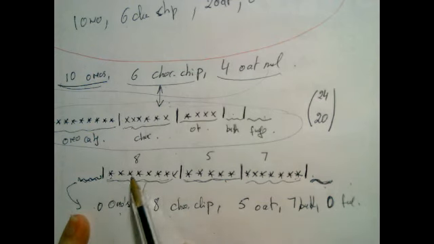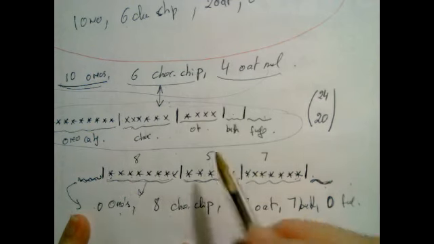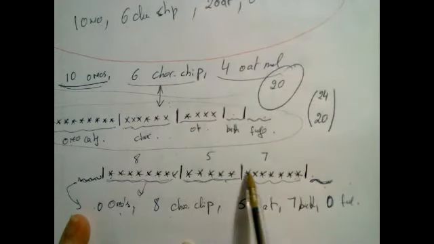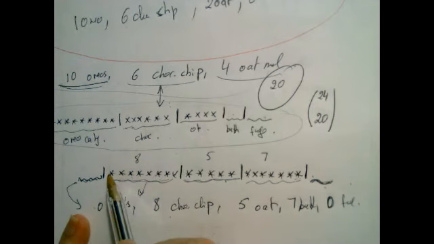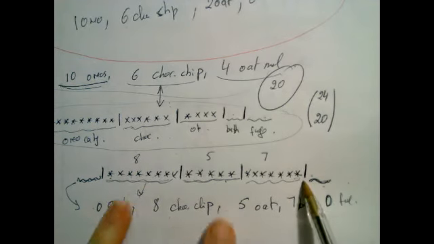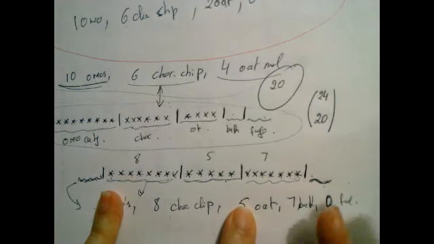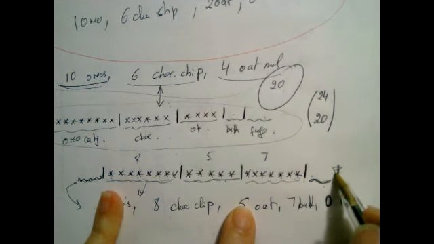How many stars do we have in the string? We have 20 stars. And 1, 2, 3, 4 represent what? Those are the separators between the categories. Because I have 5 categories, I don't need 1 here because there is nothing below it.